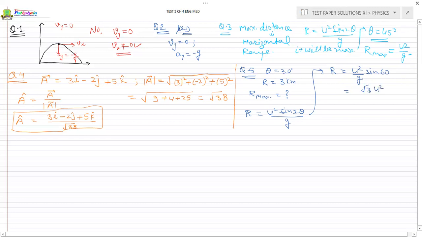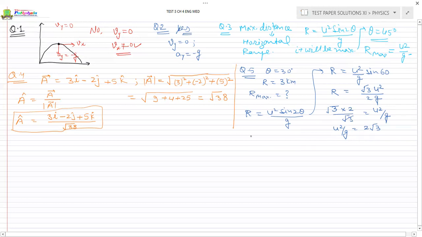So root 3 U square upon 2G is the R, and R is given as 3 kilometer. So putting the value 3, 3 multiplied by 2 upon under root 3 is equal to U square upon G. So it will cancel out. So U square upon G is 2 under root 3. Okay, so this is the result for U square upon G.